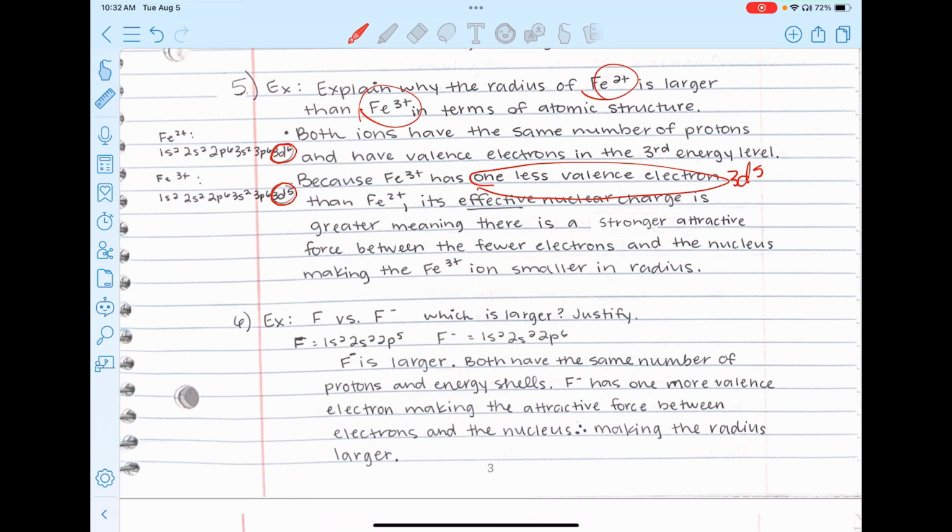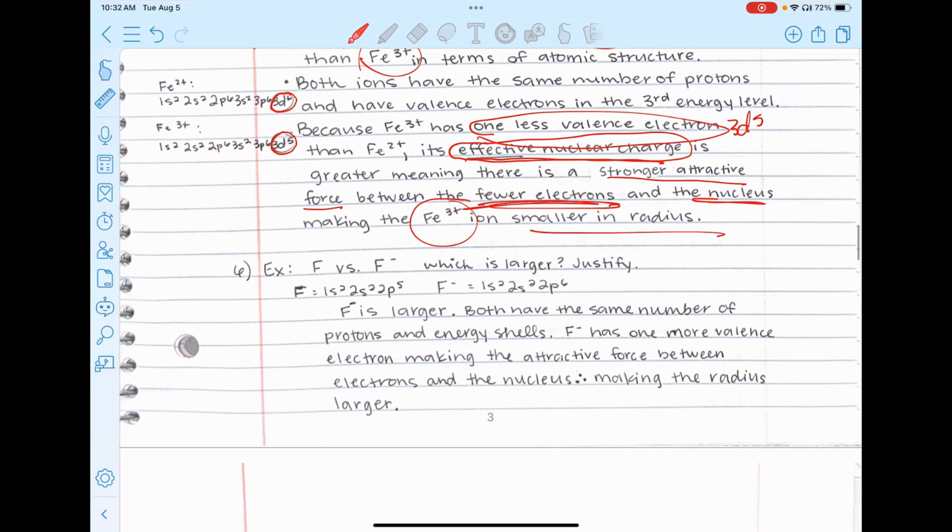So that allows that force to be a bit stronger as compared to it having to be split up or exerted over a greater number of electrons. So in turn, what does that mean? It means its nuclear charge is more effective. So it has a more effective nuclear charge, so then we have a stronger attractive force between the fewer electrons and the nucleus. That makes the Fe3 plus ion smaller in radius. Okay?